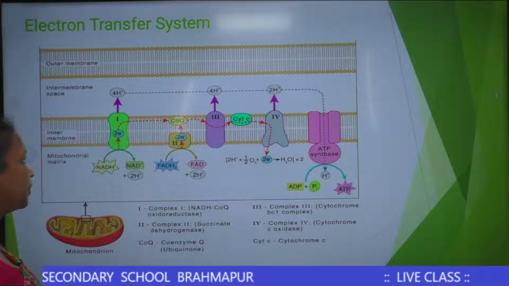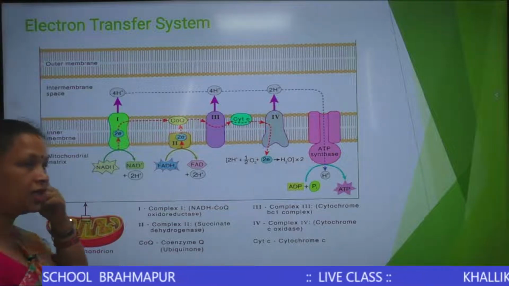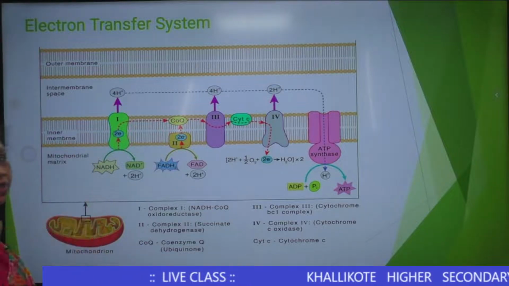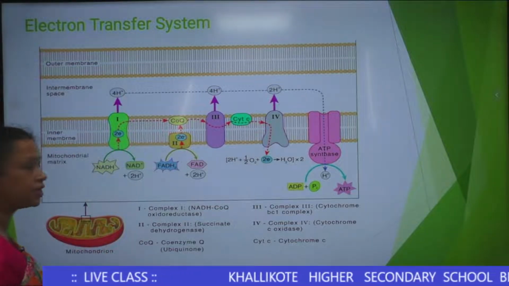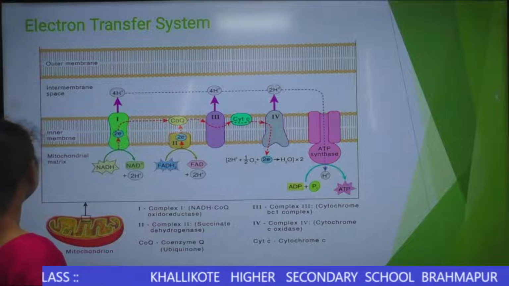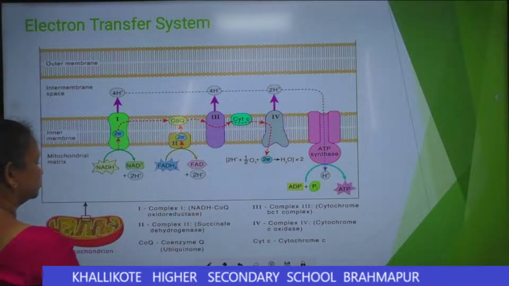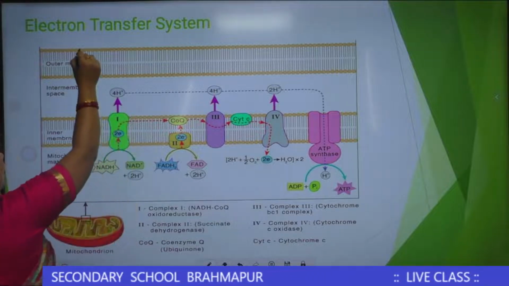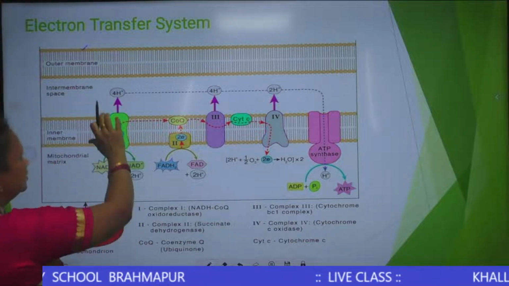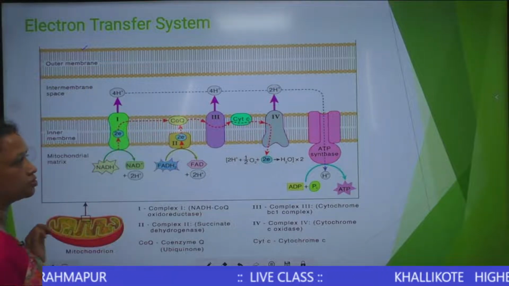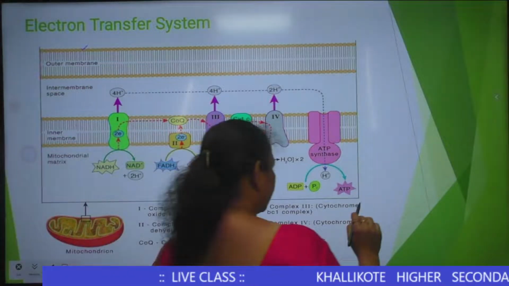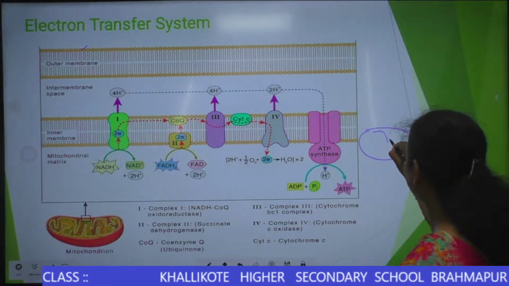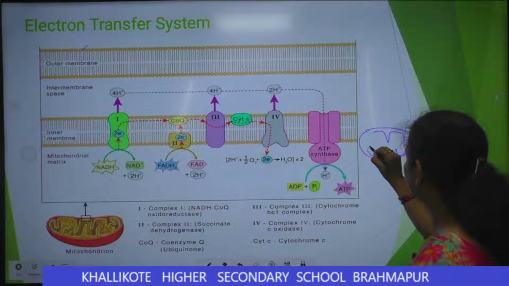Then you have the intermembrane space. So, this is the outer membrane, then this is the intermembrane space of the mitochondria. Recalling the structure of mitochondrion, you can also see it in the figure.